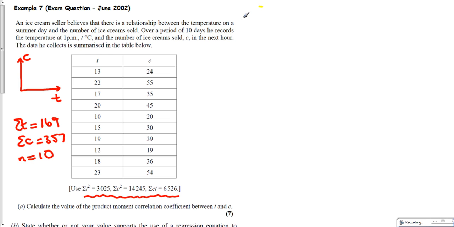So starting off at the top here, we want STT, which is sigma t squared minus sigma t all squared over n. Working that out, sigma t squared is 3025 minus sum of t, 169 squared over 10.